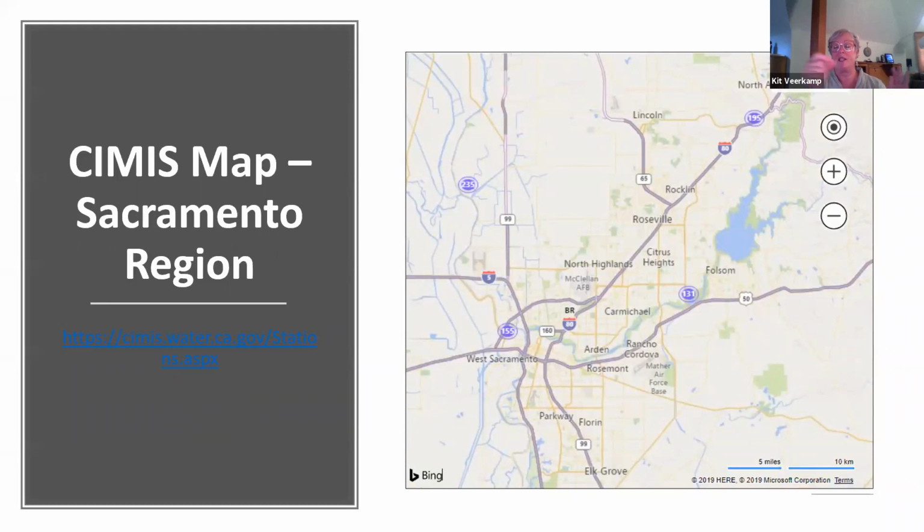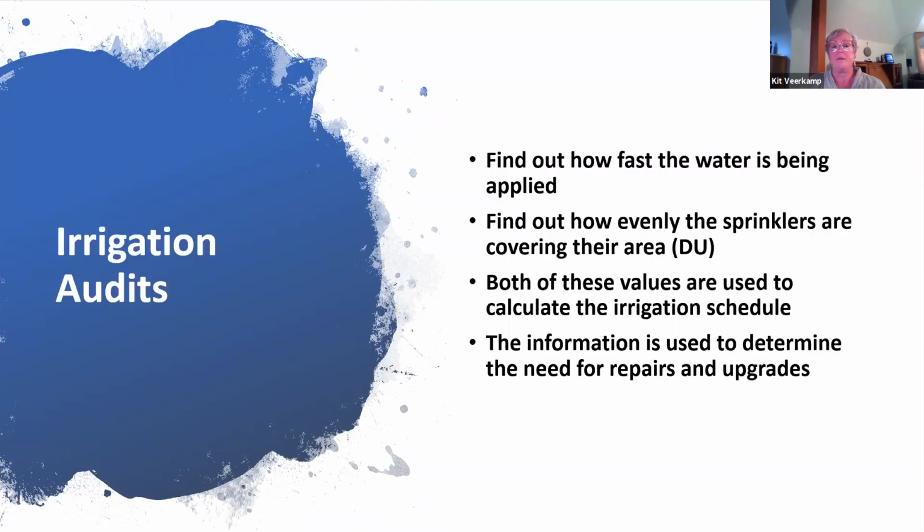So just knowing that these weather stations are out there and that generally you have access to them by either going online or using an app makes it a lot easier. And smart controllers can be tied right into these. You can either get little mini weather stations to go with your system, or you can tie into these existing weather stations.